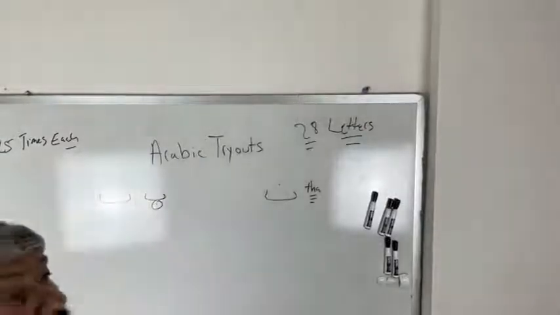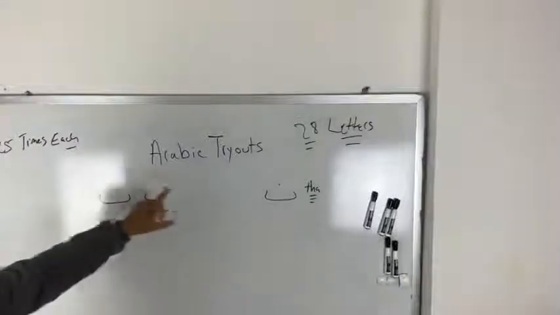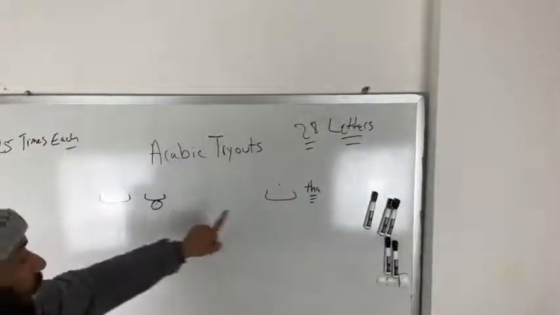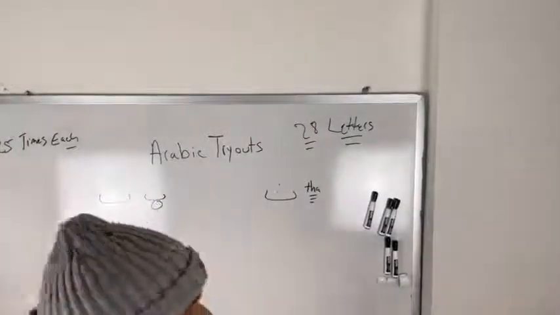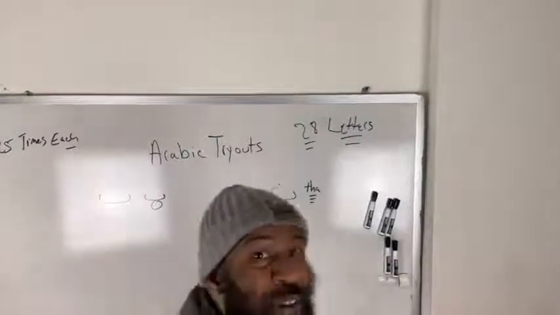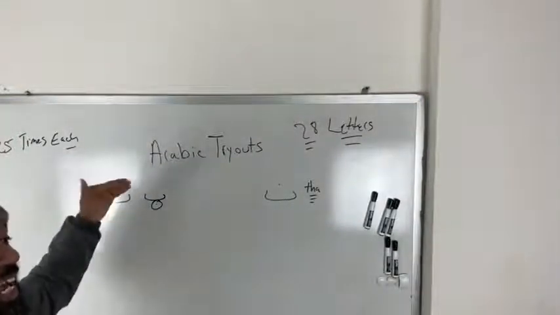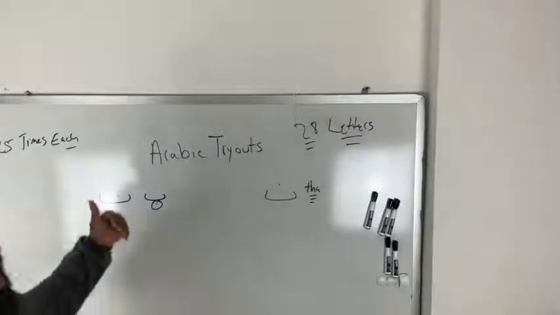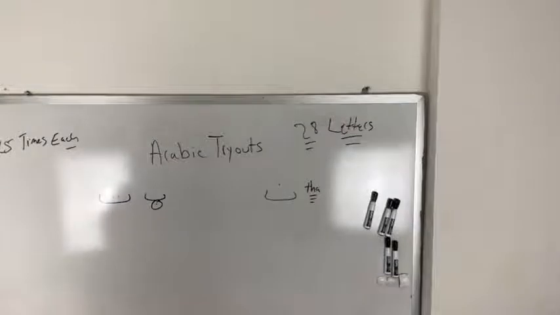One is that if you learned one letter in its different forms, then all the ones that have the same shape have the same forms, okay? That means that tha is what type of letter? A connecting letter. It has the same beginning as a ba and a ta, the same middle as a ba and a ta, and the same ending as a ba and a ta. That lets us know that it is a connecting letter.